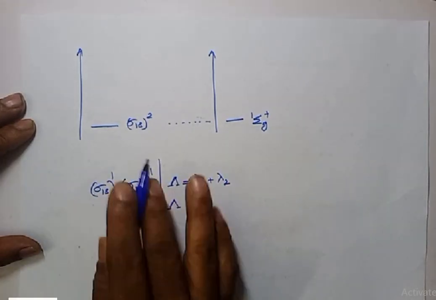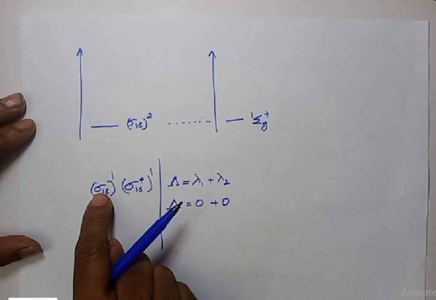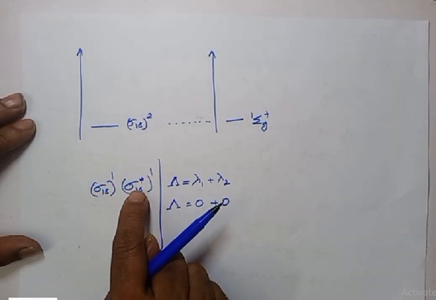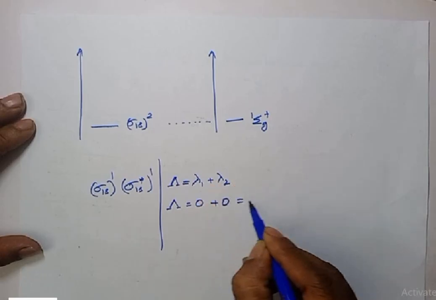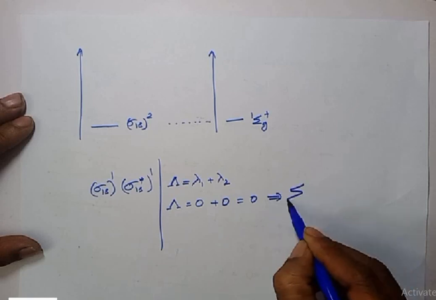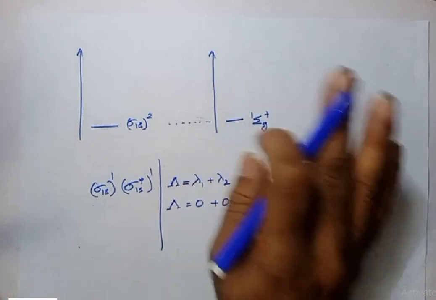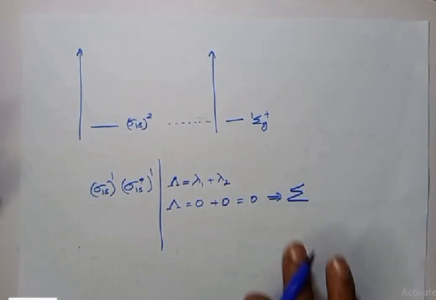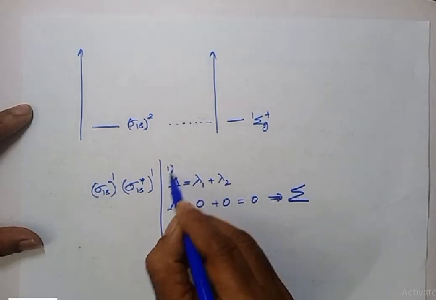For sigma anti-bonding also, the lambda value is 0. So 0 plus 0 equals 0. Lambda 0 means the symbol is sigma. So the first excited state should also have the same symbol sigma. This is point number 1.